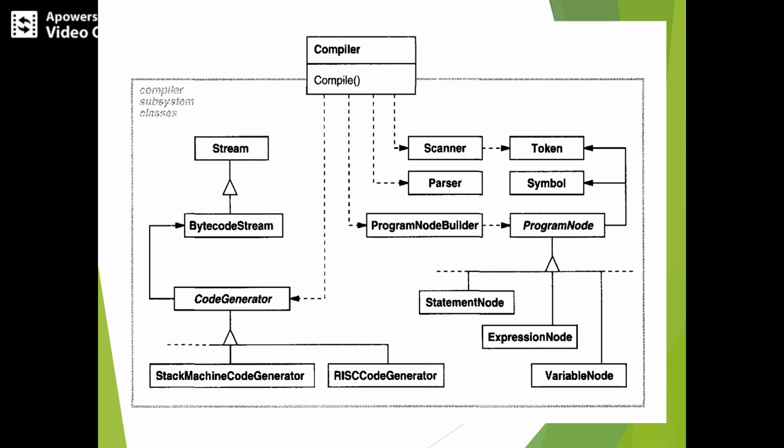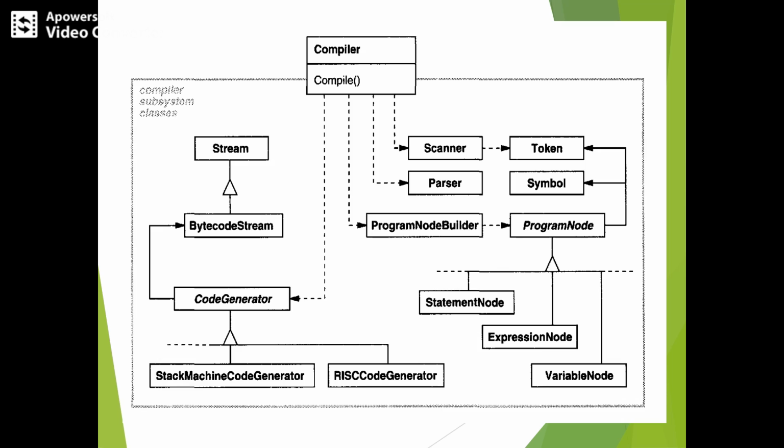The major purpose of this compiler class, the example we have taken, is that the facade design pattern mainly provides a unified interface to a set of interfaces in a subsystem. That set of interfaces is unified by the compiler. The compiler class defines a higher-level interface that makes the subsystem easier to use.